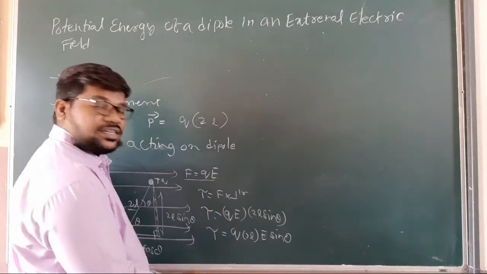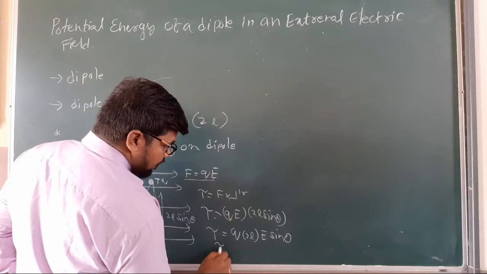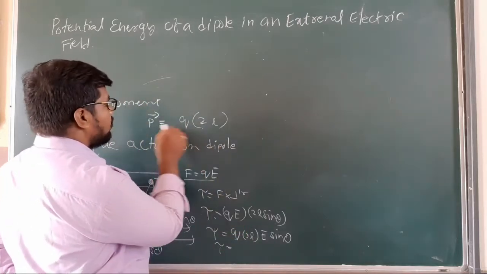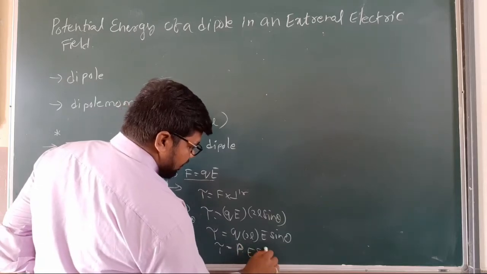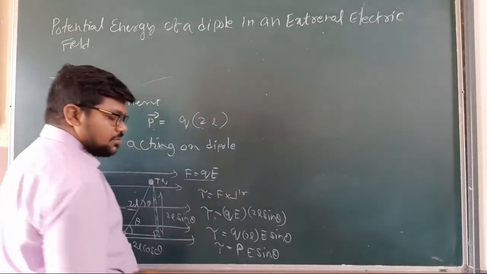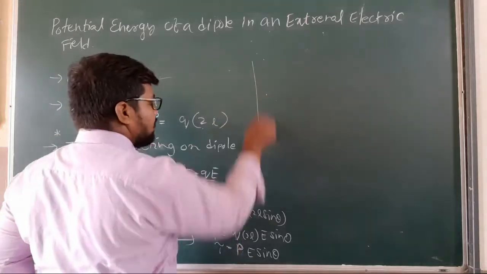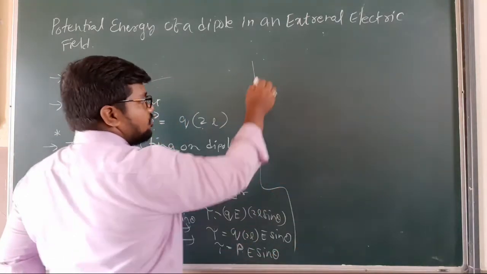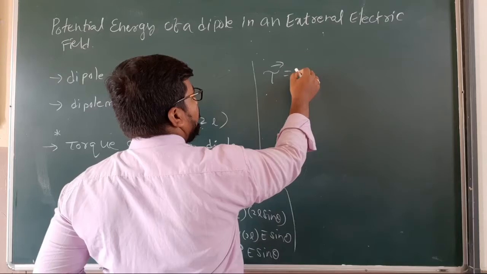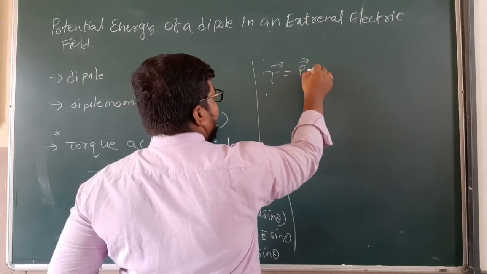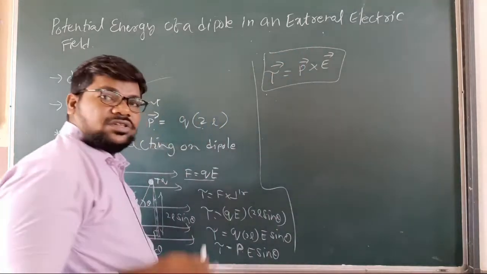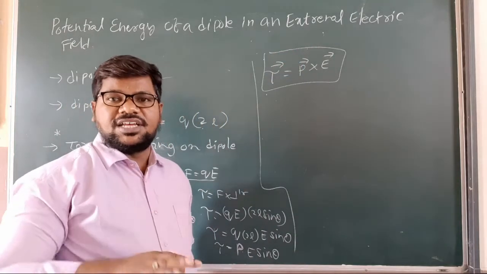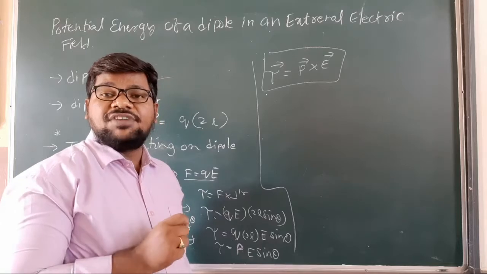Then tau is equal to P E sin theta, where P is Q into 2L. According to the vector product, tau bar is equal to P bar cross E bar. This is the previous derivation, which is very, very important.